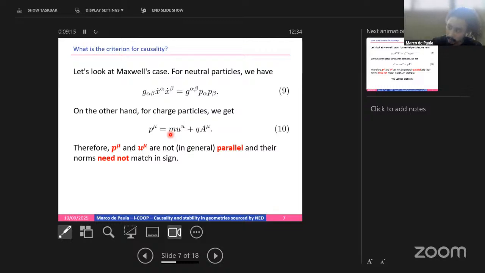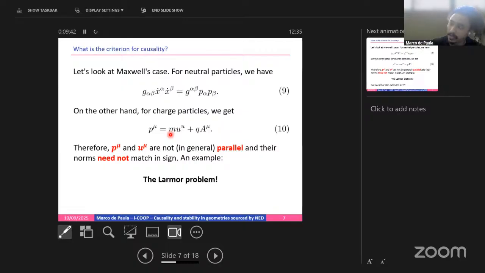And an example of a situation where we have, considering charged particles in electrodynamics, a time-like norm for the full velocity and a space-like norm for the full momentum, is the textbook Larmor problem. In this problem in particular, you can show that the norm of the full velocity is time-like, but the norm of the full momentum can be made space-like.